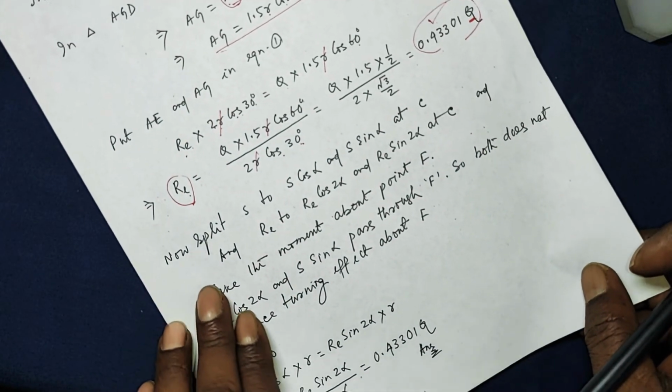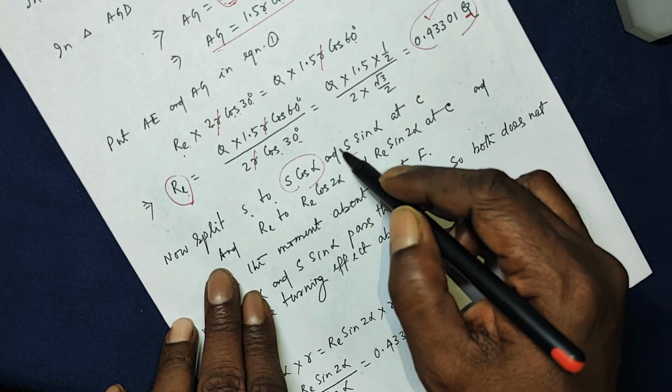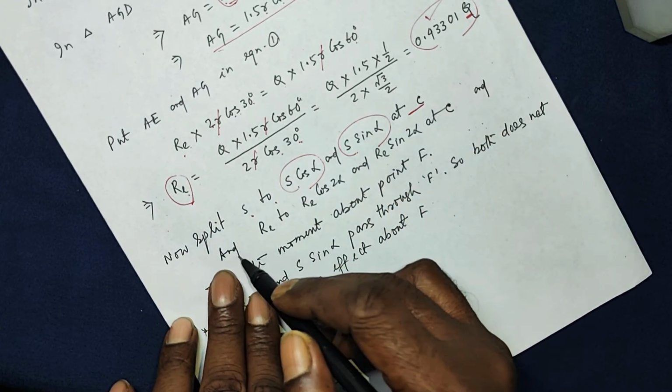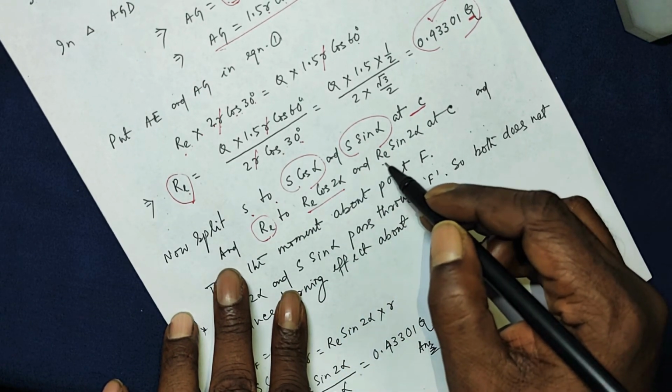Now split S into two rectangular components, S cos alpha, S sin alpha, and split RE into two rectangular components, RE cos 2 alpha, RE sin 2 alpha.